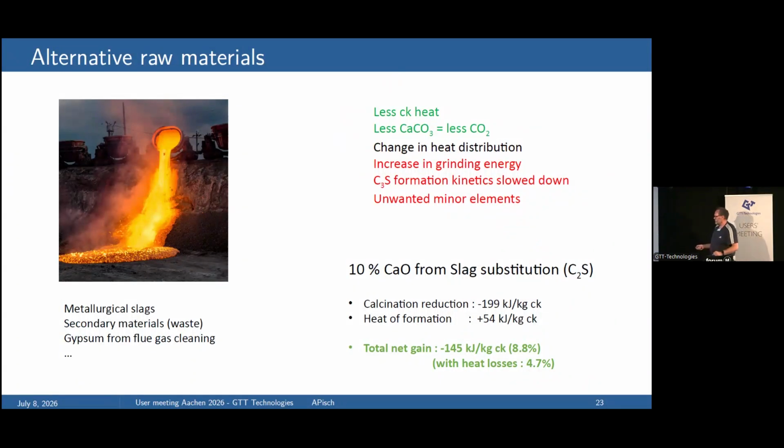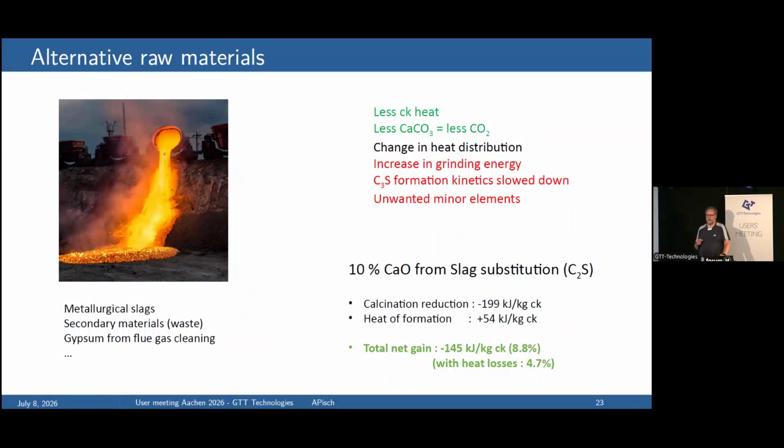You run into kinetic problems, that when you start with these slags, the reaction kinetics may be slower. And most of the time you have unwanted minor elements, for example, chromium oxide. Nobody wants chromium oxide because even at 1500, you have calcium chromate, which is Chrome 6, very, very stable. Therefore, chrome oxide is a problem, or vanadium oxide.